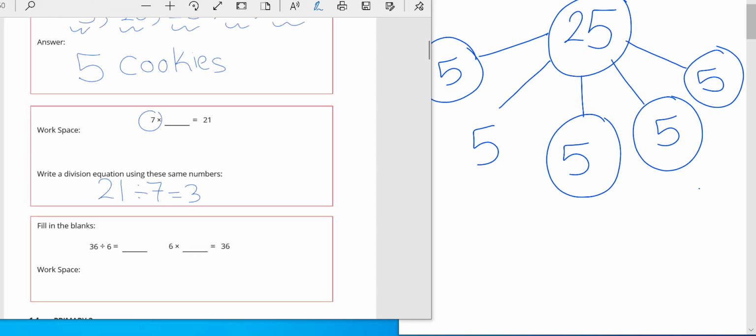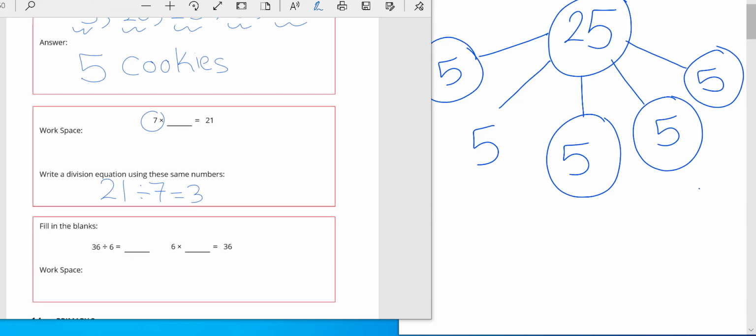So skip count by 7 steps. So 7 plus 7 equals 14. 14 plus 7 equals 21. So now we have 3 steps, 1, 2, 3. So we can put here 3.